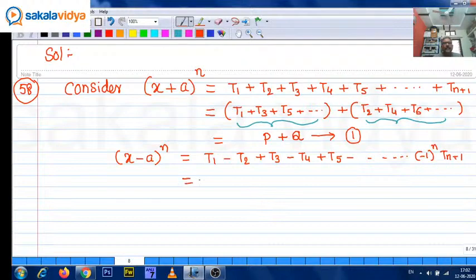So this can be arranged like this: t1 + t3 + t5 + ... minus t2 + t4 + t6 + ... and so on. This is the difference of the odd terms and the even terms.